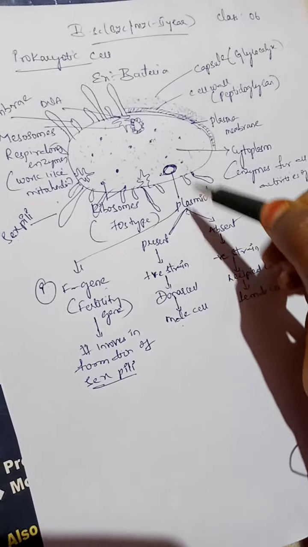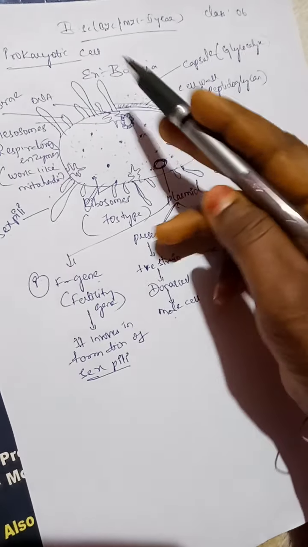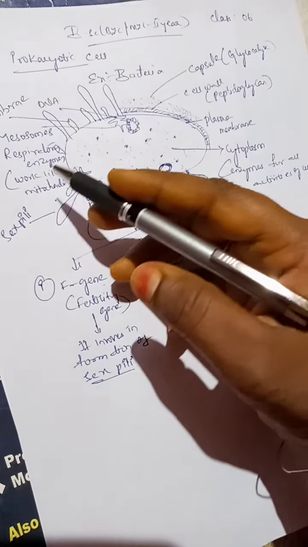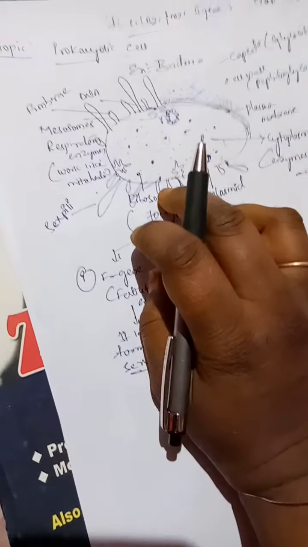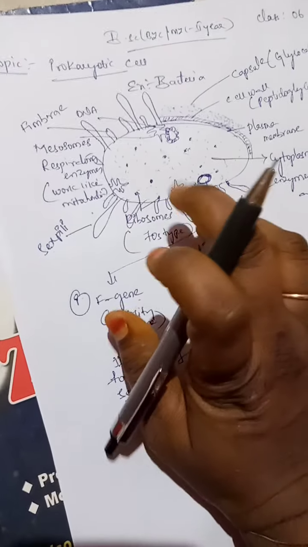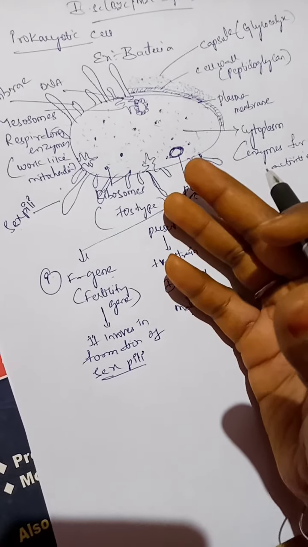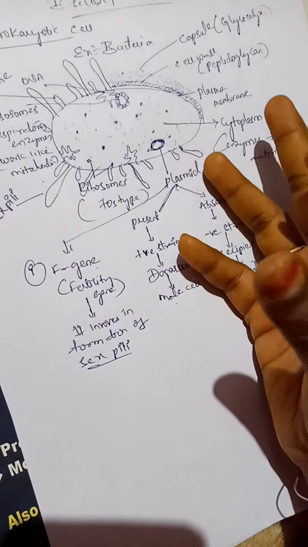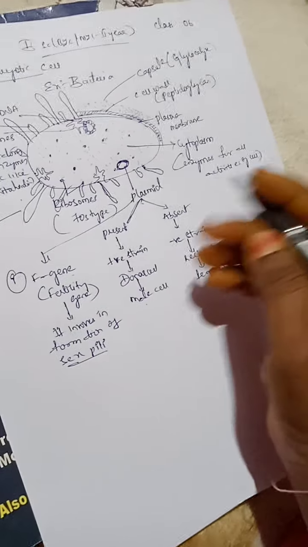If the plasmid is absent, it is called a female cell, which means sex pili will not be present. The sex pili help the male catch the female bacterial cell, and they undergo conjugation. The genetic material is exchanged.